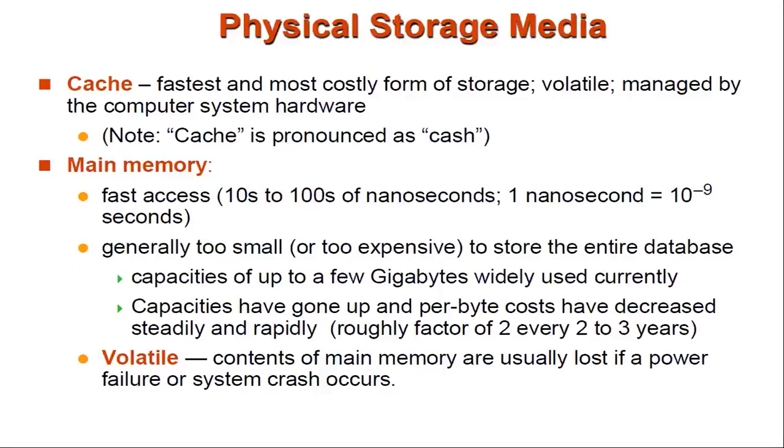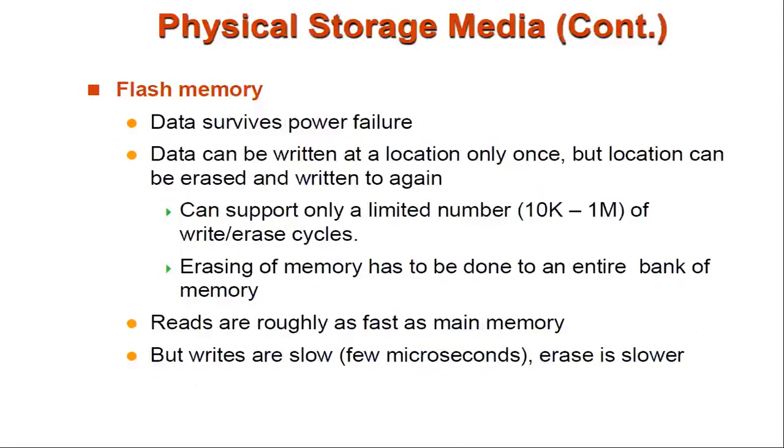We are able to get some GBs of primary memory nowadays, right? Again, it is volatile, and the content of the main memory will be lost on power failure or system crash. If the system crashes, shuts down, or the power goes off, obviously the content of your primary memory will be erased. So that's what I told you. An example is your RAM.